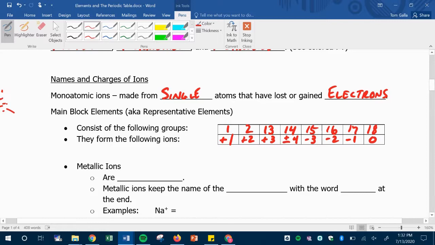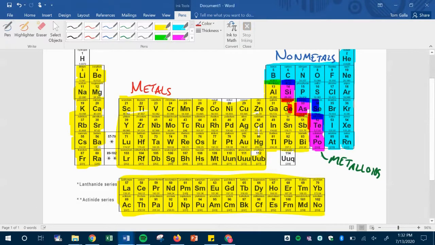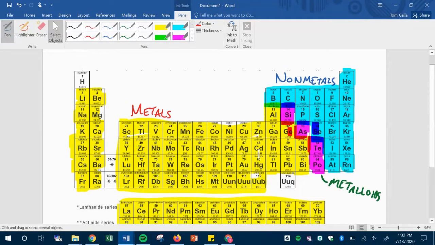Now let's talk about how this relates to our periodic table. On our periodic table, the groups are the numbers that go across the top.